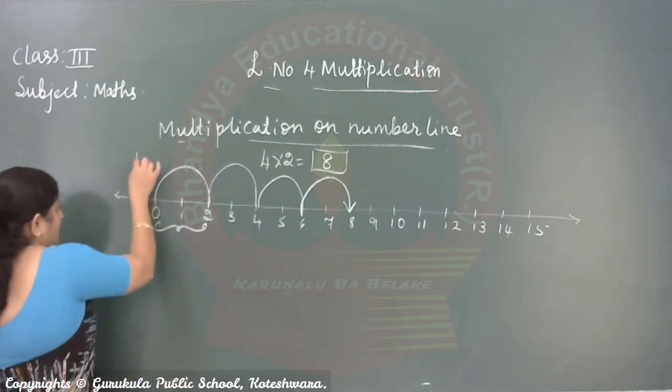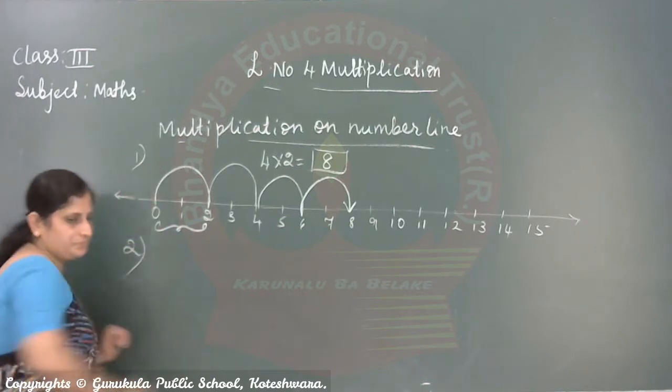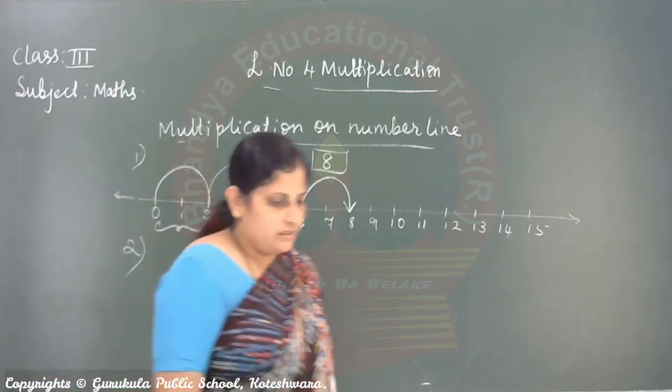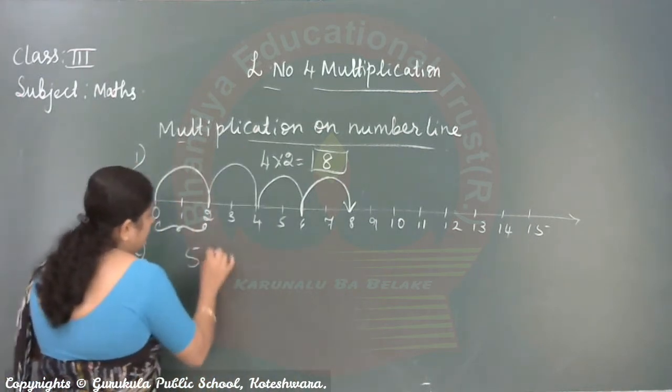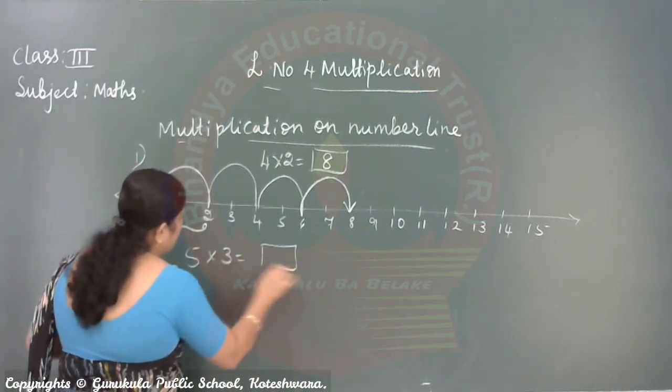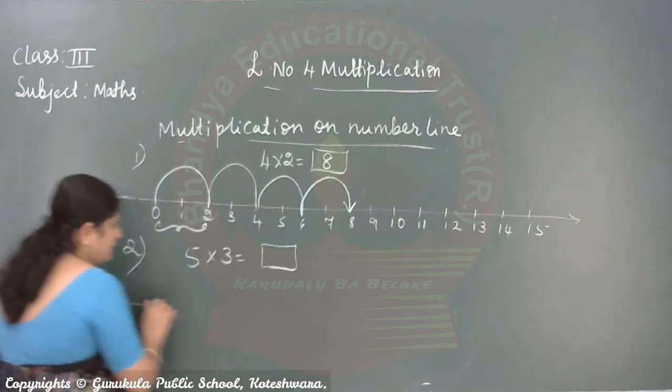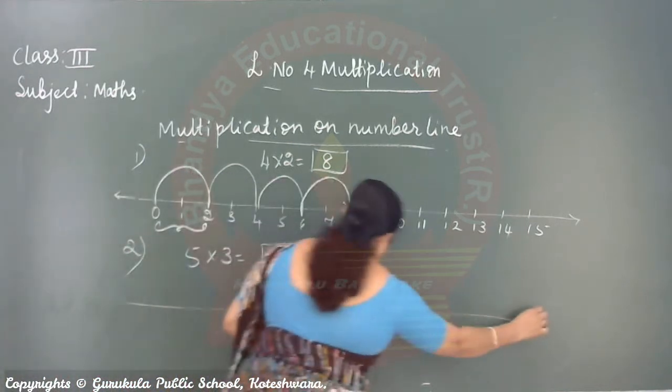Now next, we can go through the next one. Next question, that is 5 threes are is equal to dash. Here see, what we have to write? Number line.